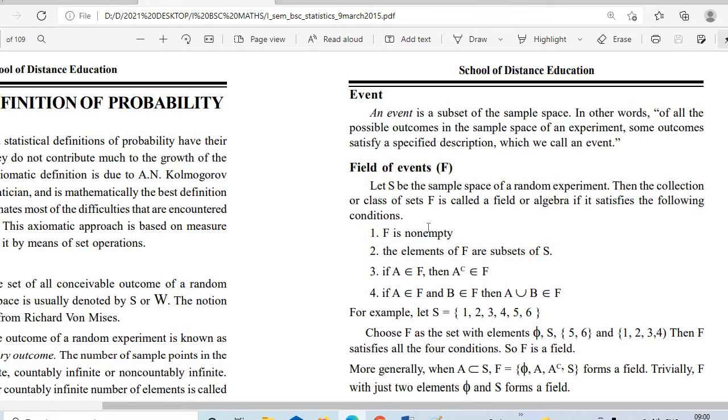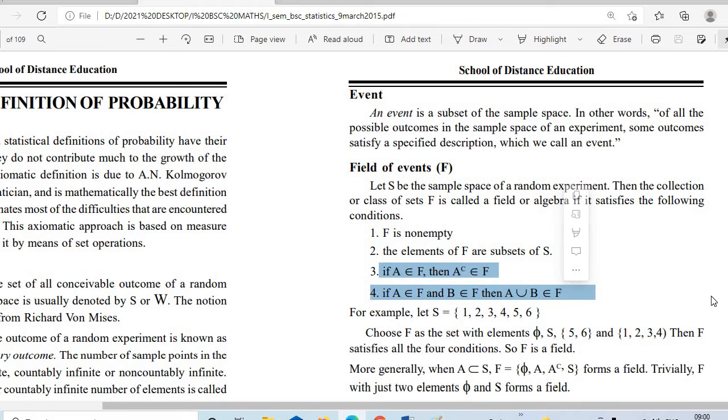Now what is a field? If S is the sample space of a random experiment, then the collection of all sets F is called a field or algebra if it satisfies these conditions. That is, F is non-empty, and the elements of F are subsets of S. These are the important 2 conditions.